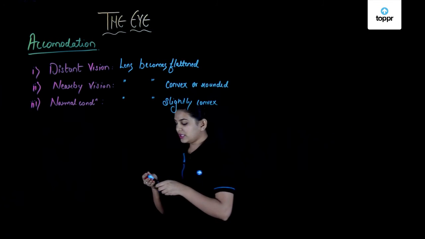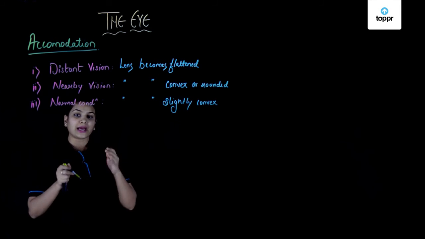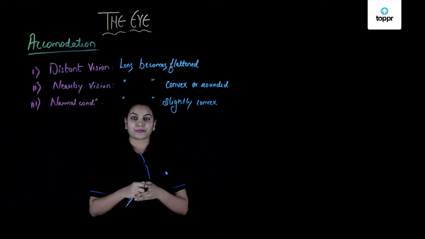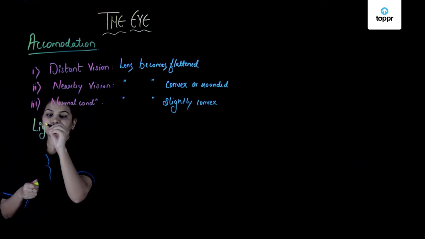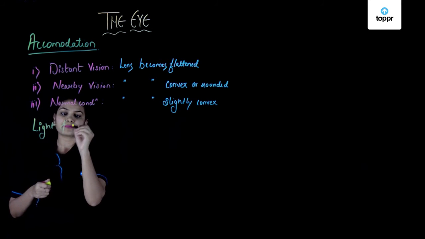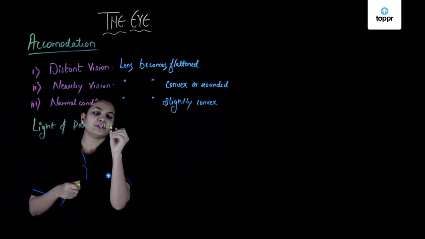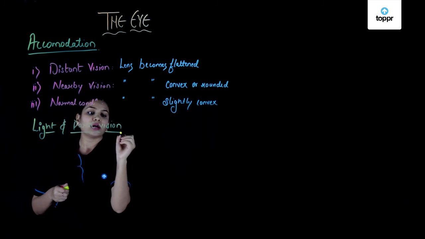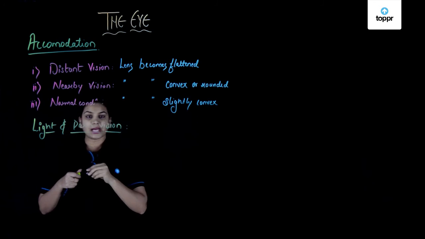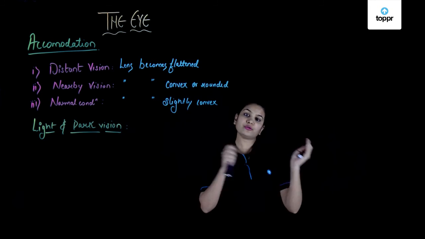Next we are going to see another very important thing, and we call it light and dark vision. So let's talk about light and dark vision here. Why are we talking about it? We are doing it so that we know how our eyes adapt themselves whenever we move from one type of region to the other.